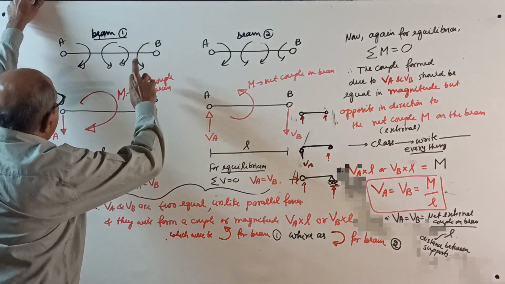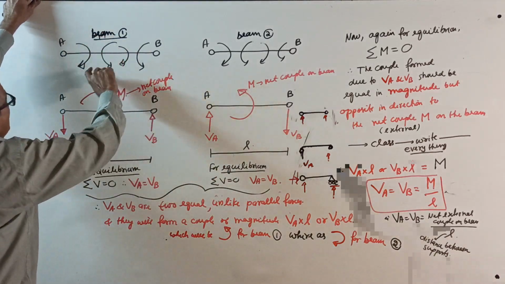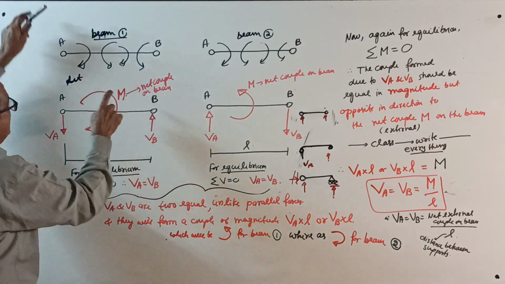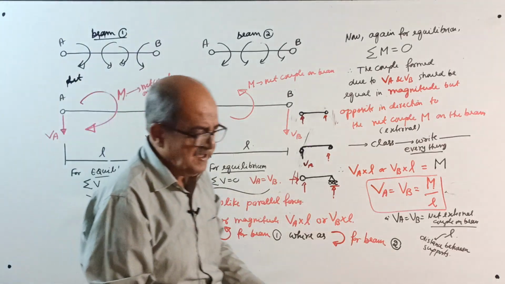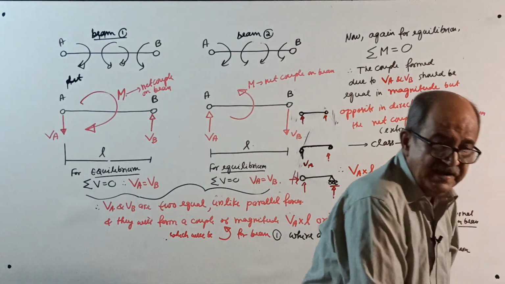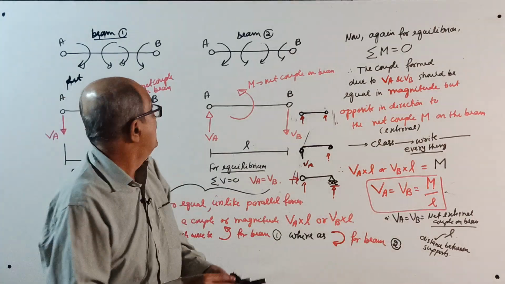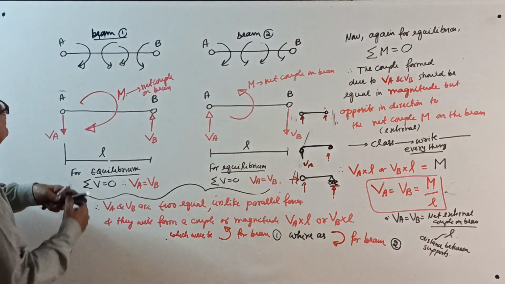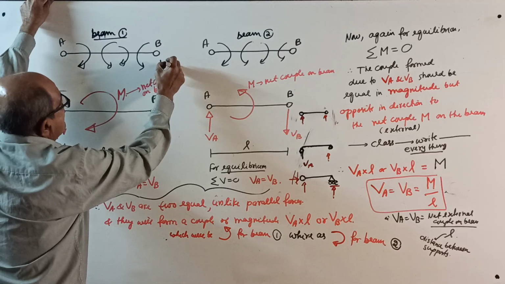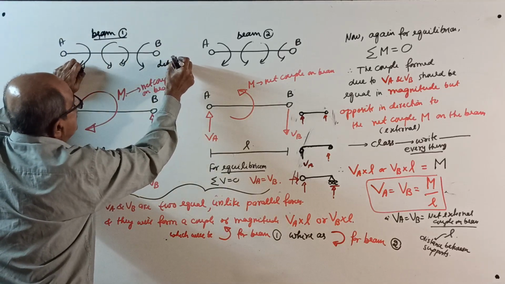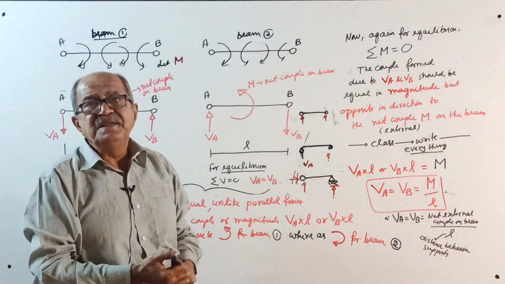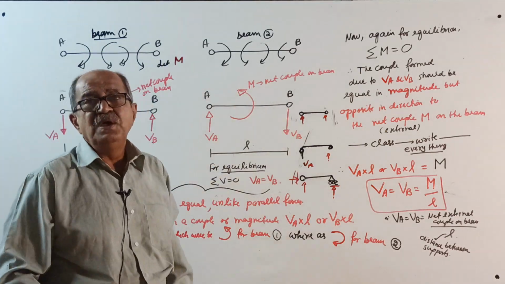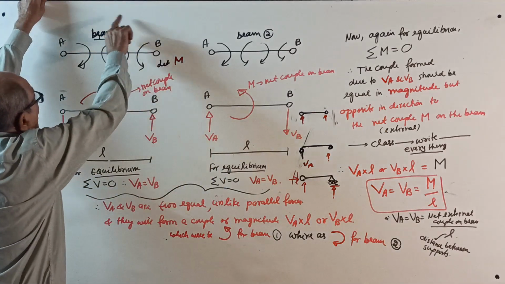So now make a note here. Multiple couples. Again you write here, let M be the resultant couple or net couple or single couple which is resultant for all the external couples.